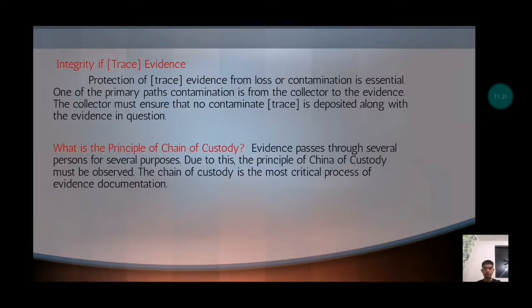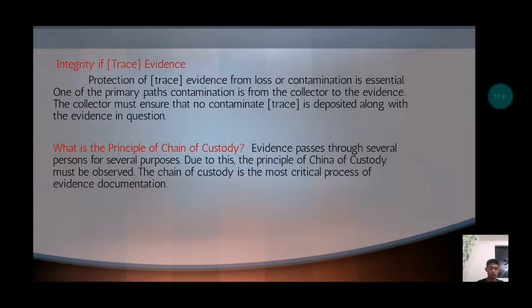Next is integrity of trace evidence. Protection of evidence from loss or contamination is essential. One of the primary paths of contamination is from the collector to the evidence. The collector must ensure that no contaminating trace is deposited along with the evidence in question.